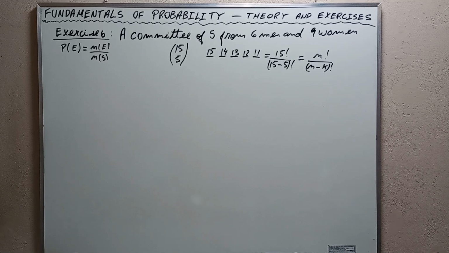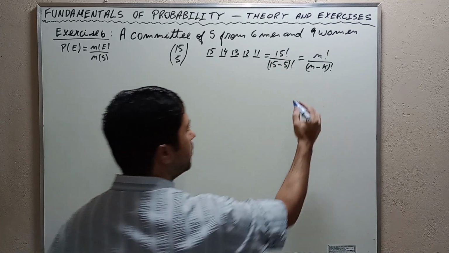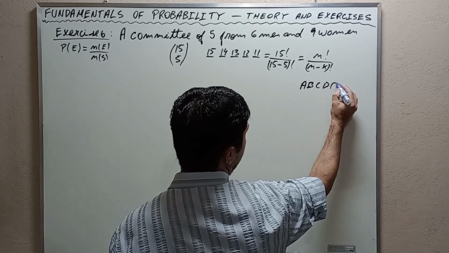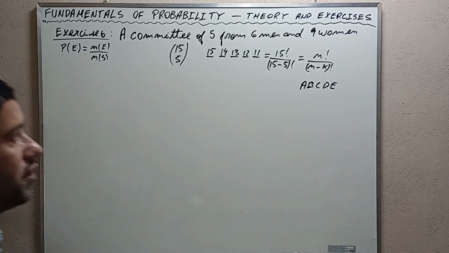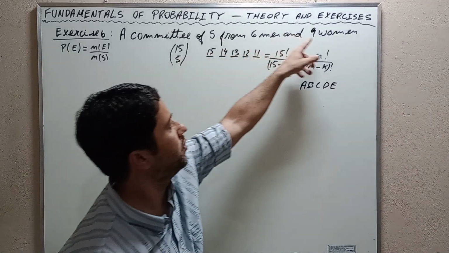Additionally, we have to remove the repetitions for A, B, C, D, E. Imagine that we have a committee and we have chosen A, B, C, D, and E, among the 15, which is 6 plus 9.